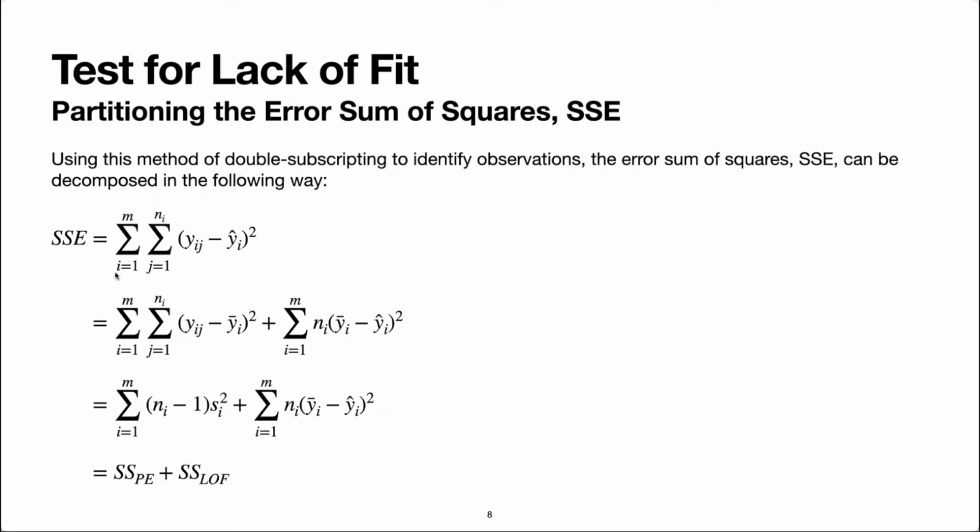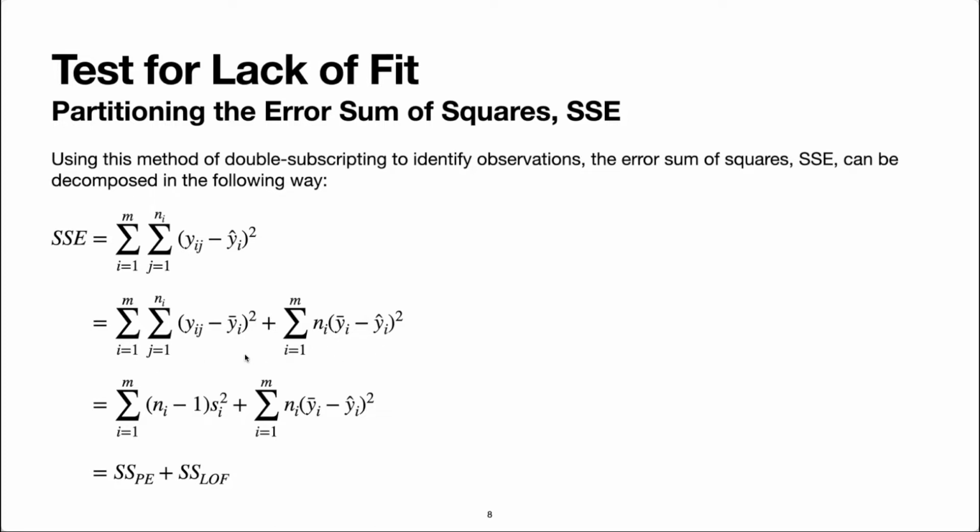And then for each of those values of i, j goes from 1 up to n sub i. And we would have the square of the difference y sub ij minus y hat sub i. Now, I've left out a few steps here, but it turns out that we get this decomposition given here.